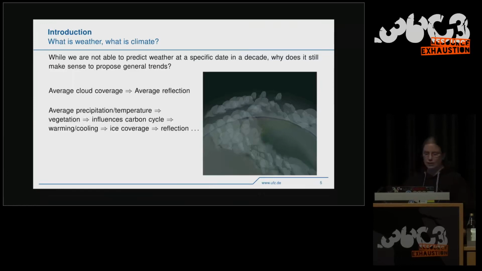For example, average precipitation, meaning rain or snow, and temperature has an impact on vegetation, and vegetation influences the carbon cycle, and that again influences the warming or cooling, and that has an influence on the ice coverage, and that again on the reflection. So there are lots of processes that are connected to each other, and if we know something about the average of some of this physical state of the atmosphere, we can say something about the climate trends.